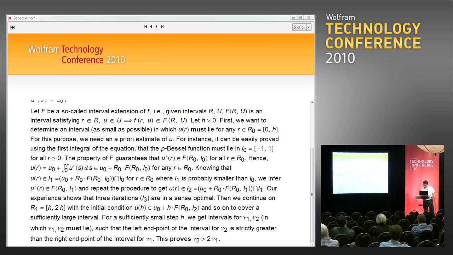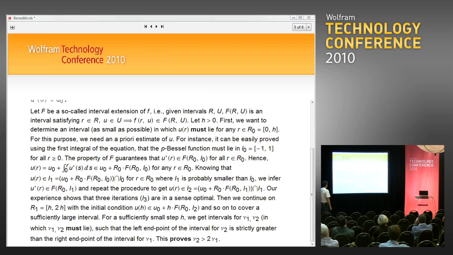And now let's take some step h, and we start to integrate the initial value problem. It is important to know that first we must have an a priori estimate of the solution, because for a general initial value problem we cannot be sure that for a given interval 0h there is a solution at all.